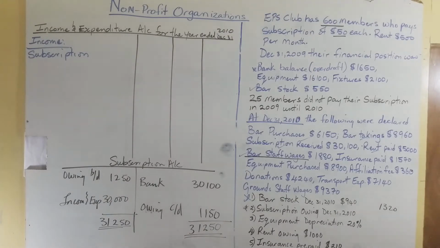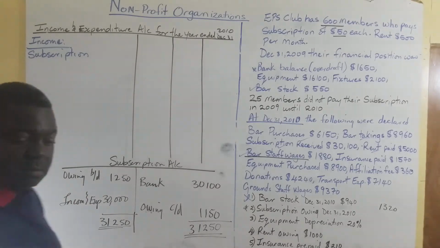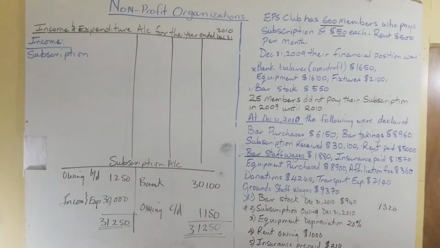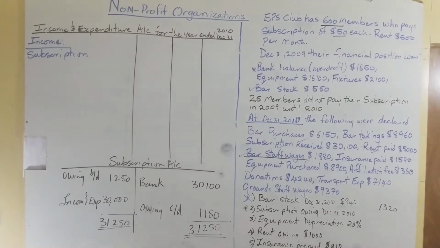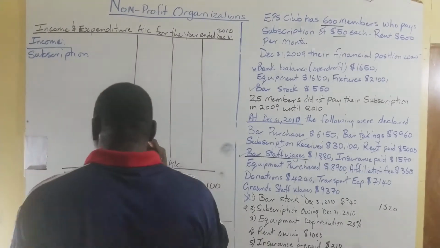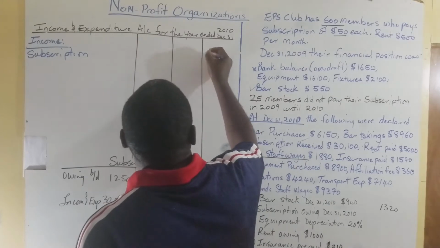So the figure that should go to this, relating to this year, would have been 30,000. All right. So let's proceed now. Now that we have found how much to go into the income, the amount is 30,000.